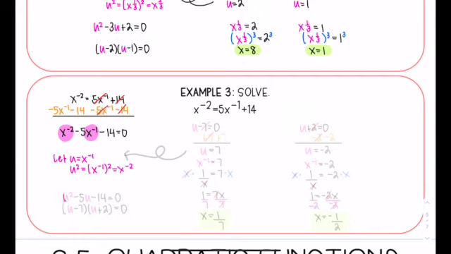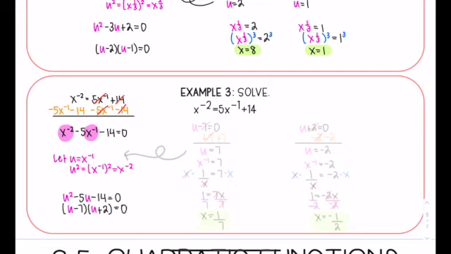So we can go ahead and rewrite this as u squared minus 5u minus 14 equals 0. This left side factors nicely, as u minus 7 and u plus 2 equals 0.